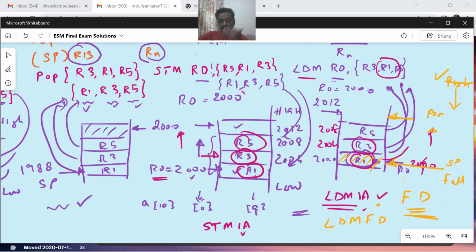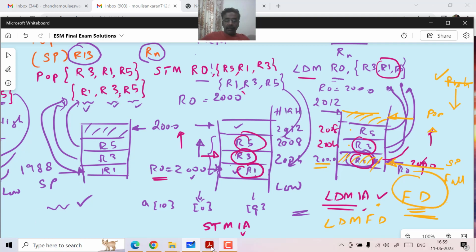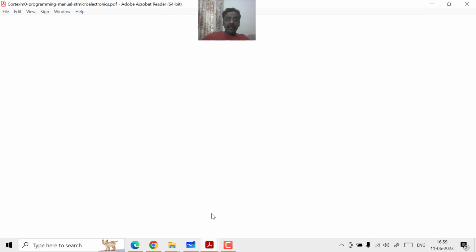Because I am doing a pop operation, you should go towards the higher address. Now, what does it do? Suppose SP is currently pointing at 2000, the lowest address. Then the R1 value will be copied from here, 2000, then R3 and R5, and then it will be pointing at some location where the stack is already full. So it is a full descending stack. That's why another name for that is LDM FD.